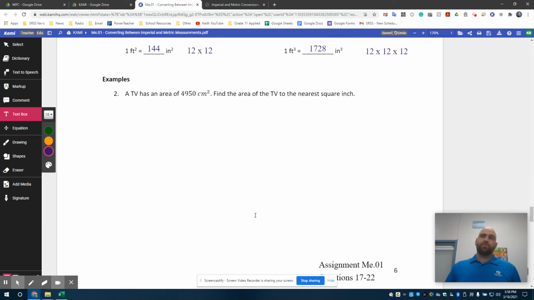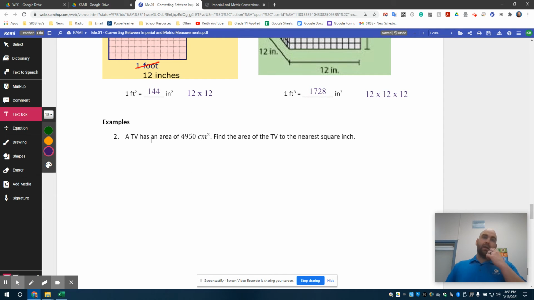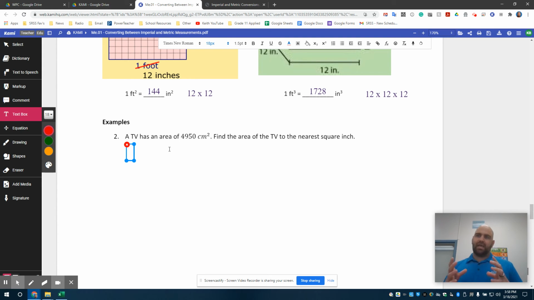So let's do an example with area. A TV has an area of 4,950 centimeters squared. We want to find the area of the TV to the nearest square inch. We're converting from square centimeters to square inches. We're always going to do conversions within the same type: volume, area, or length.